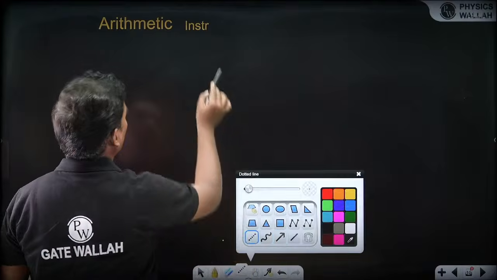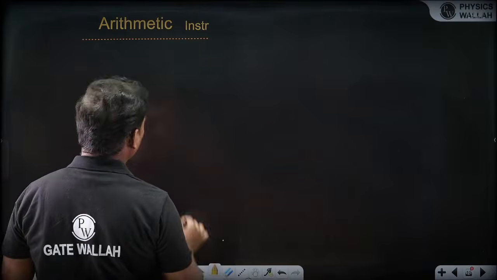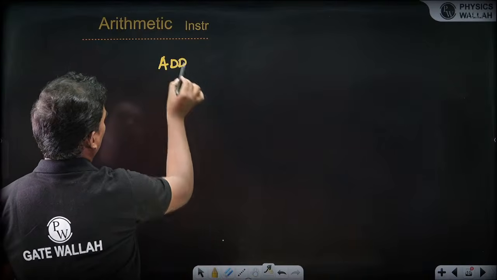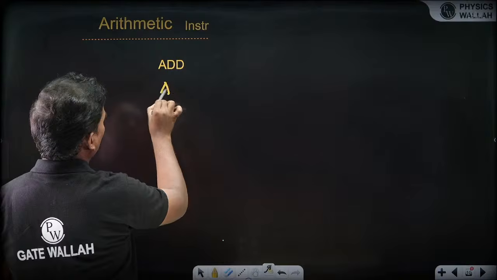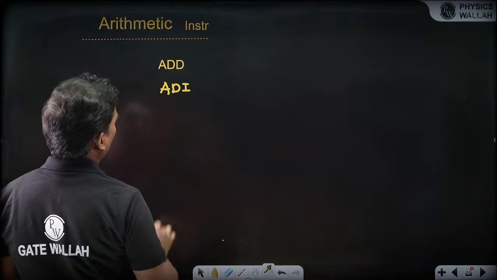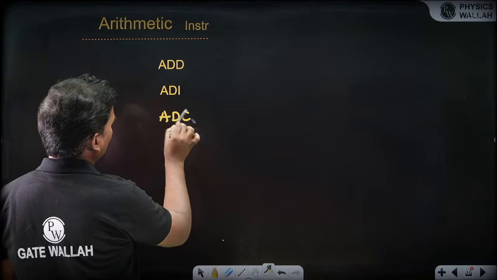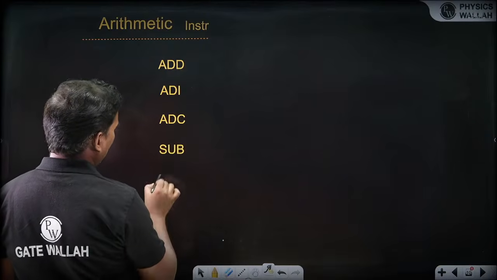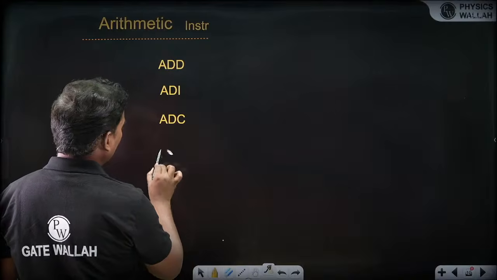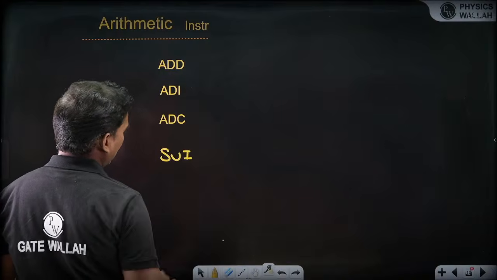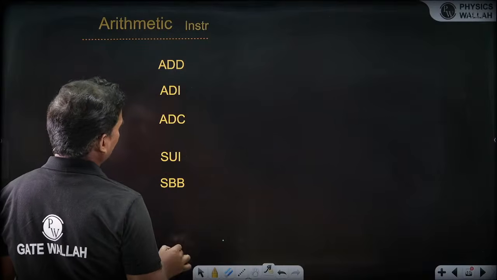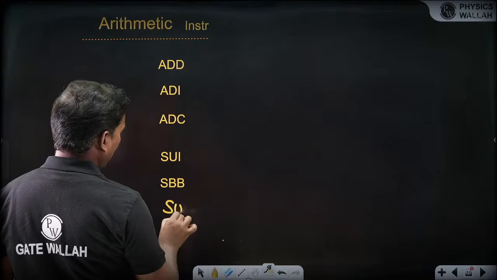If you see the arithmetic instructions, ADD is one instruction, ADD immediate is another instruction, add with carry is another instruction, next SUB is another instruction. Sorry, SUB immediate instruction, subtract with borrow is another instruction, and SUB A comma B is also another instruction.